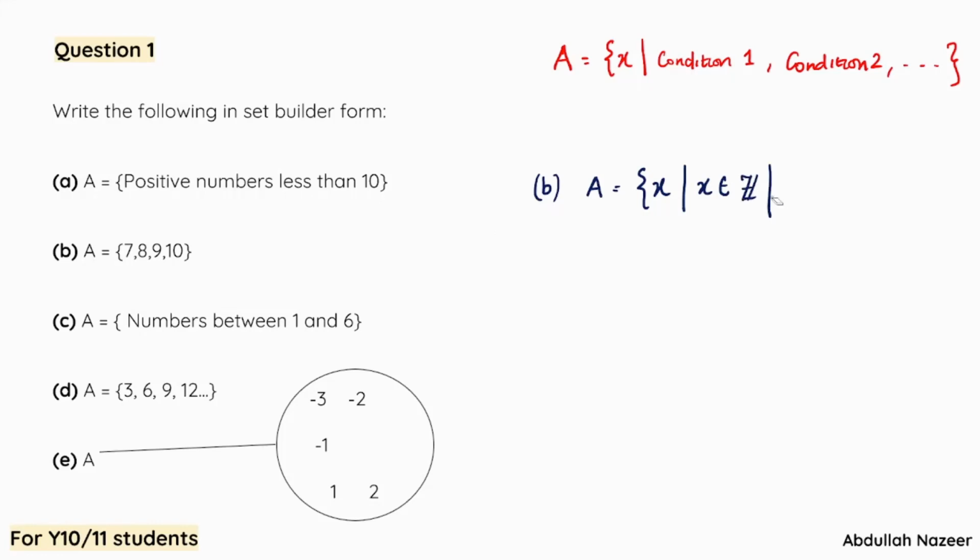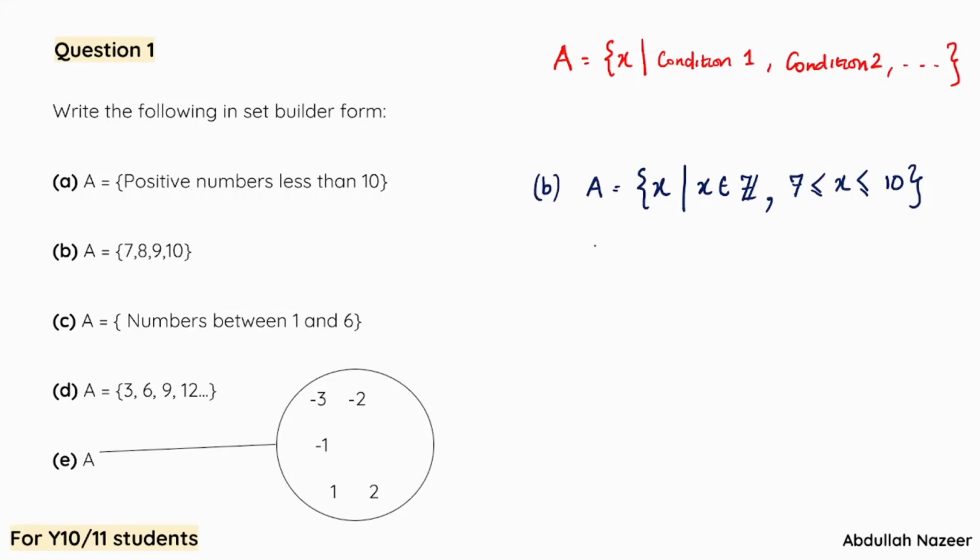And then we mention which integers we are looking for. So we need x to be 7 to 10, right? So you say it's greater than or equal to 7 and less than or equal to 10. So it's 7, 8, 9, 10.